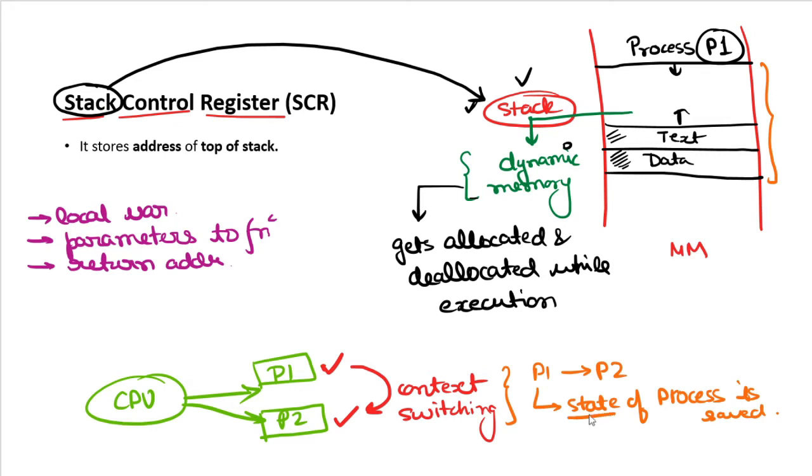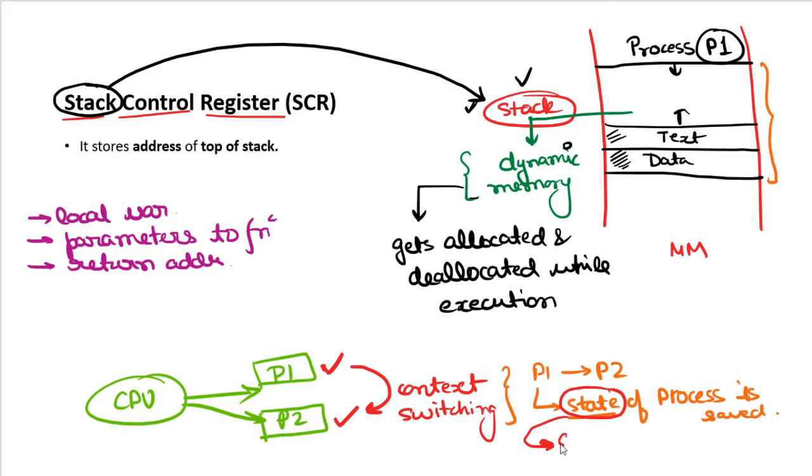What do you mean by state of process? State of process means many things. For example, if it is executing instructions, which exact instruction it was executing last when it got context switched, and what is the next instruction.